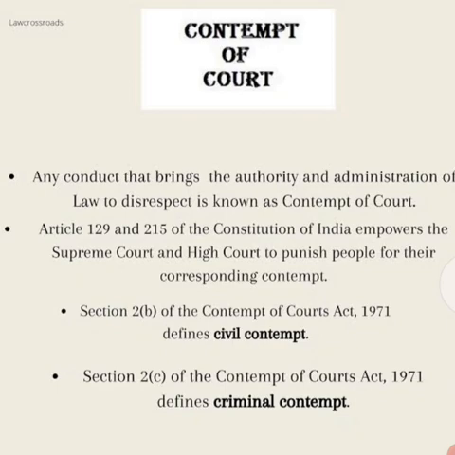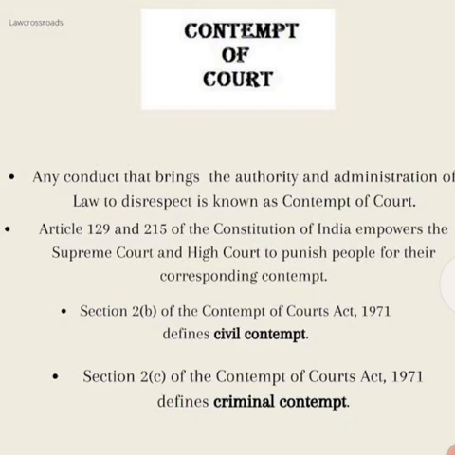Third is no knowledge of the order. If the person has no knowledge of the order passed by the competent authority and was unaware of that order, then it would be a ground for defense. Fourth is that compliance with the order is impossible. If any order, judgment, decree, or writ passed by a competent court is impossible to comply with, then it would be considered a defense in cases of civil contempt.